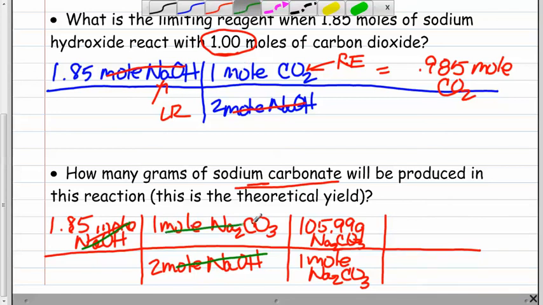Check that your units are canceling properly. And right now, if I calculate this out, I'll be in grams of sodium carbonate, which is exactly what I'm looking for. And your answer is 98.0 grams sodium carbonate.